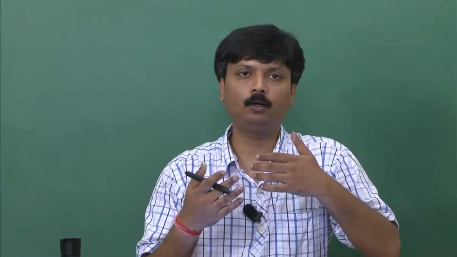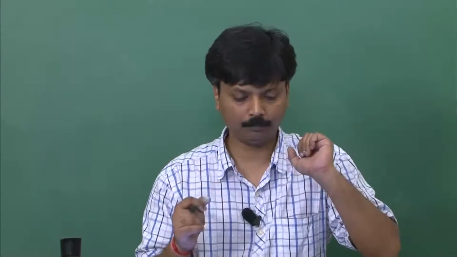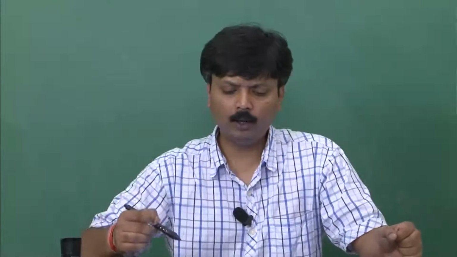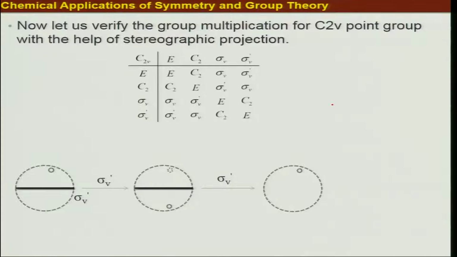That will tell me what the resultant symmetry operation is. While looking at the group multiplication table, we have also figured that out. Here in front of you is the group multiplication table for the C2v point group, and there you can see that all the binary products are written. Stereographic projection also does the same thing.